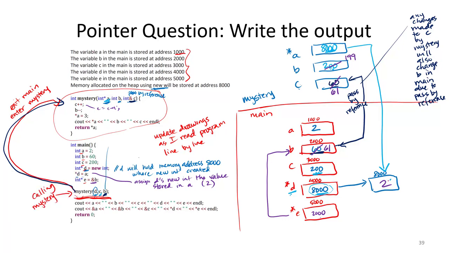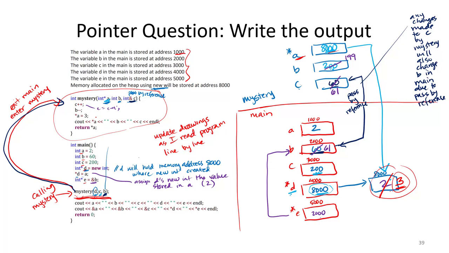So I'm going to go where pointer a points and update that value to be 3. Because my pointer a was pointing at memory address 8000 back in main, that pointer a can go in and change my data inside main to store the value 3.